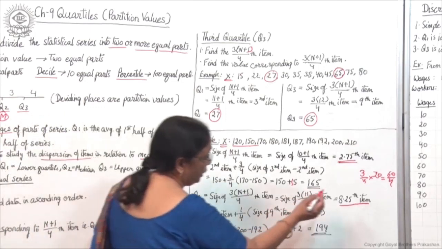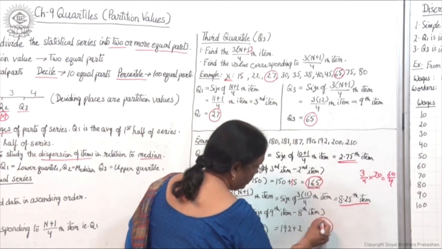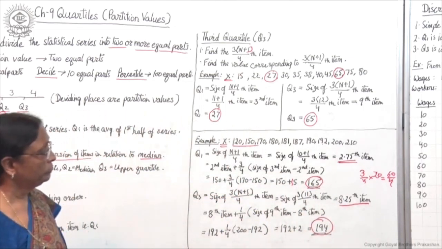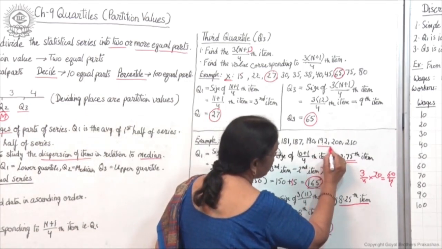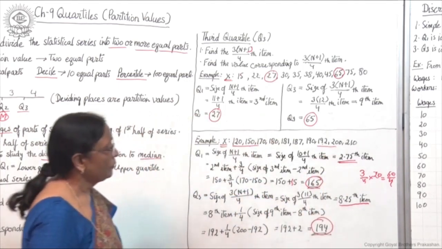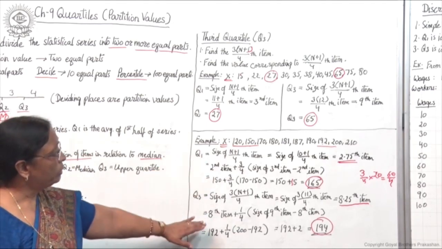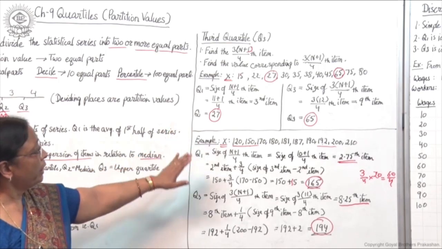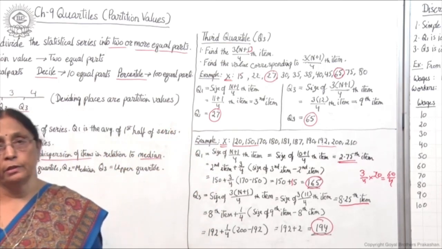So in this case this was Q1 and here this is Q3. Q3 is 194, that is it is somewhere here, right? So this way you will calculate Q1 and Q3 in the case of individual series.